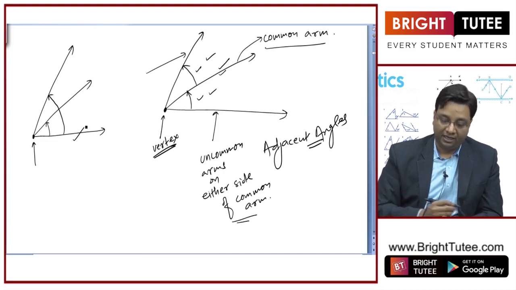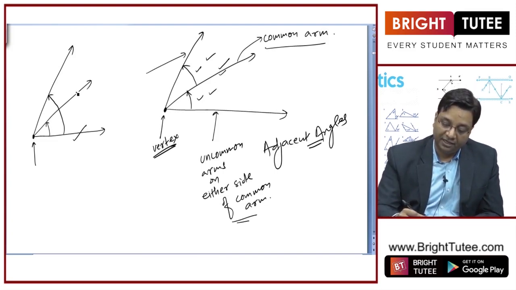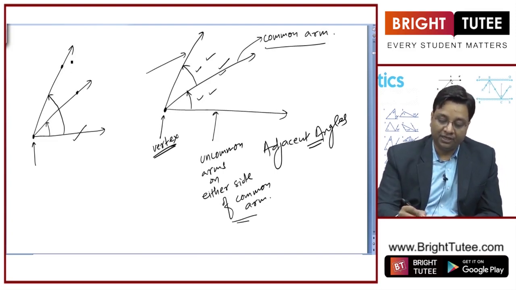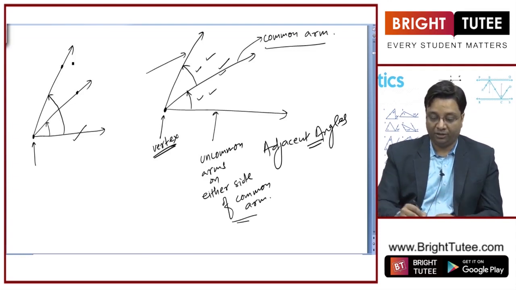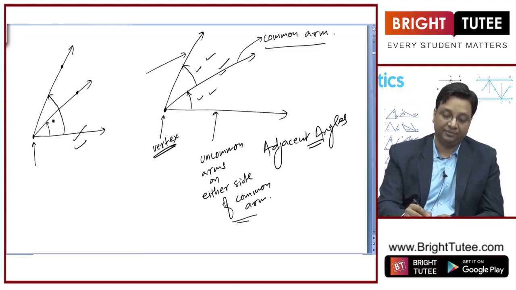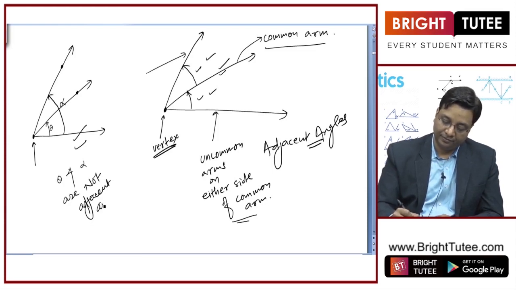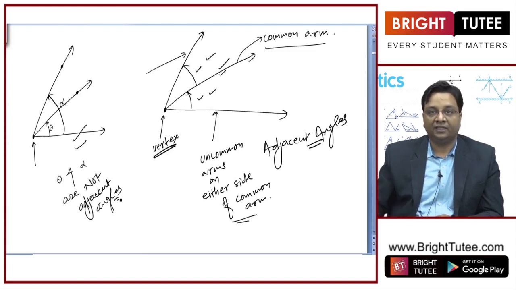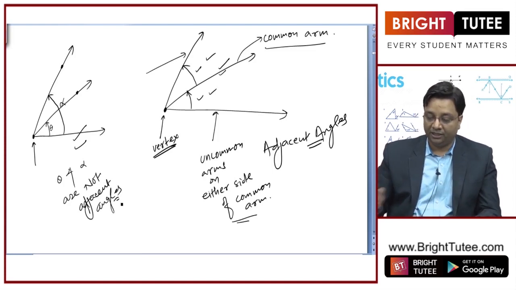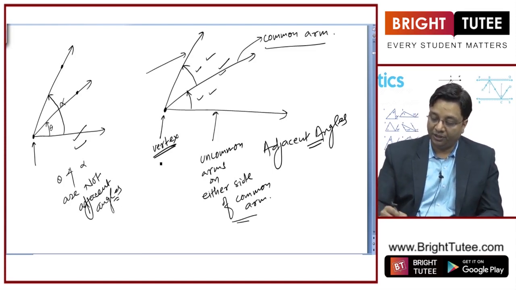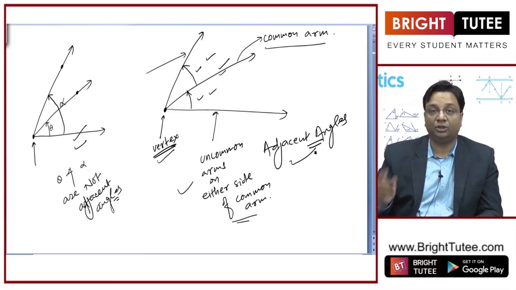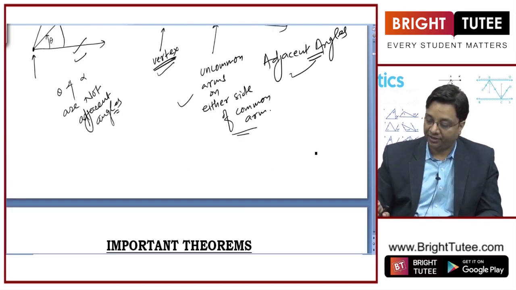But now you see, these are uncommon arms, this one and this one. They lie on the same side of the common arm. Hence these two angles, let us name them theta and alpha, are not adjacent angles. I hope you understood this concept. So these are the properties that need to be satisfied for two angles to be adjacent angles.